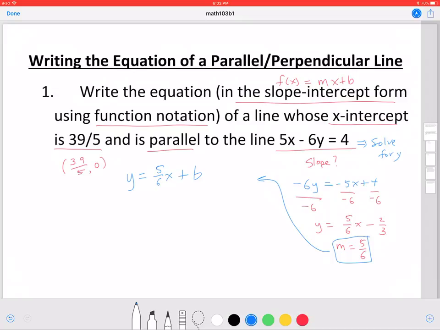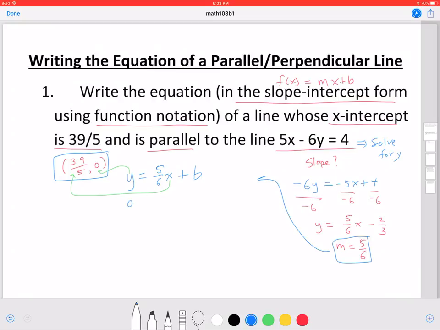To finalize this, I'm going to use the fact that the x-intercept is 39 over 5. What that means is my y value is 0, and my x value is 39 over 5.